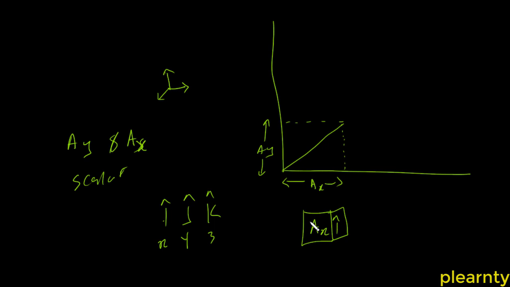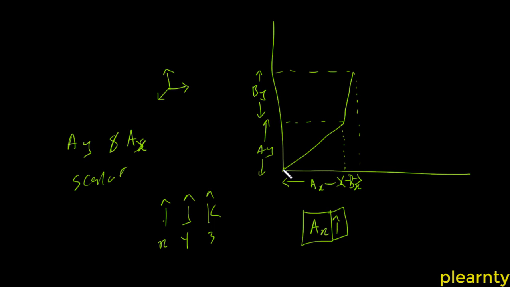Now, what if you have another vector, let's say from here to here, and trace it down? You have your BX, and here you have BY.